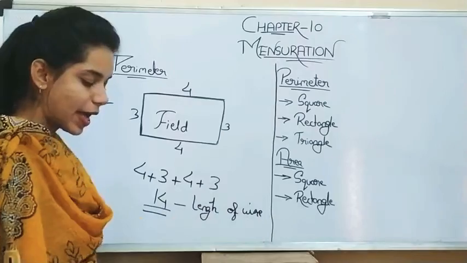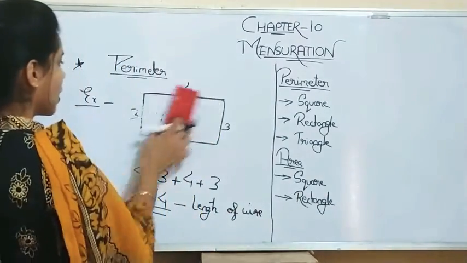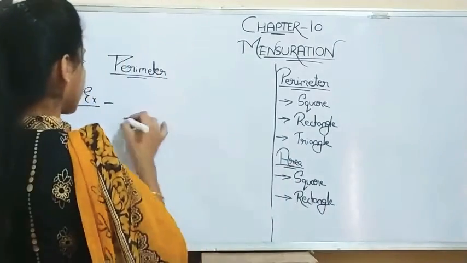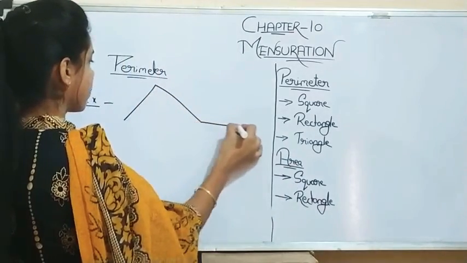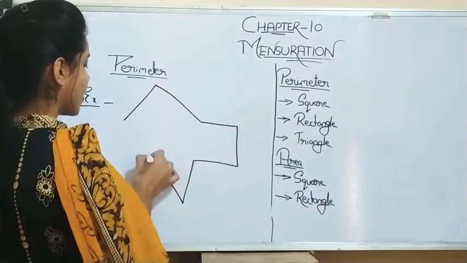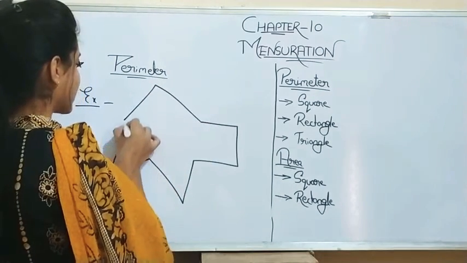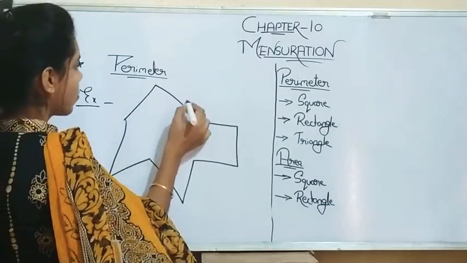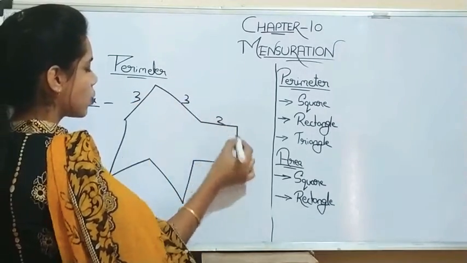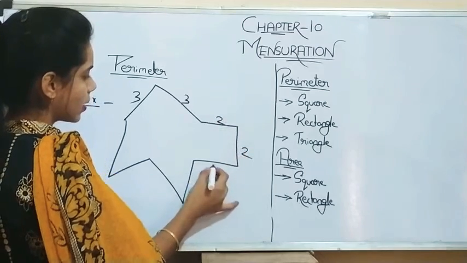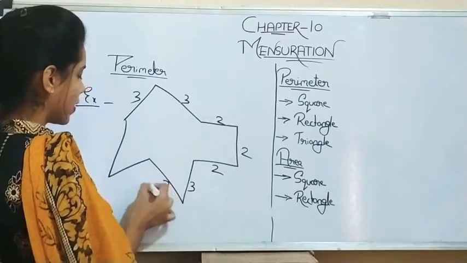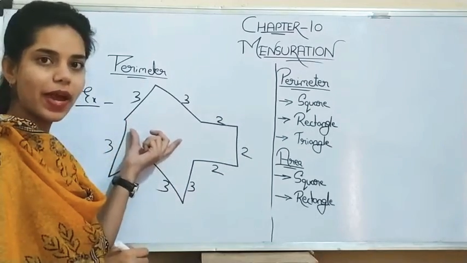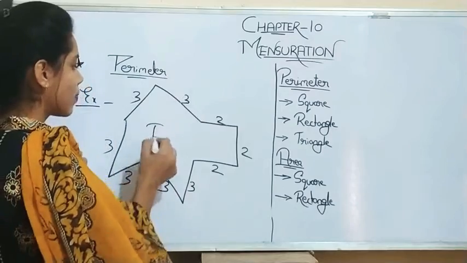Understood this thing? If the shape of his field is like this, how much wire will he require? See here. Suppose this is 3, this is 3, this is 2, 2, 2, and this is 3, 3, 3, this is 3. So how much wire will he require to fence his field?